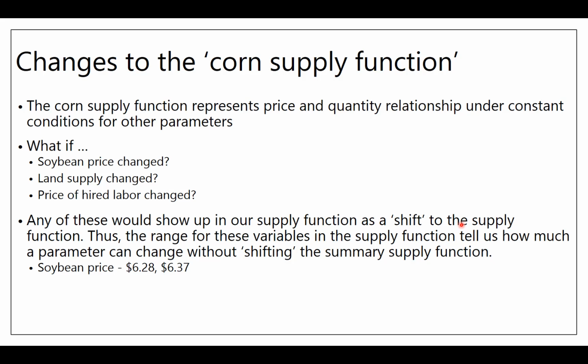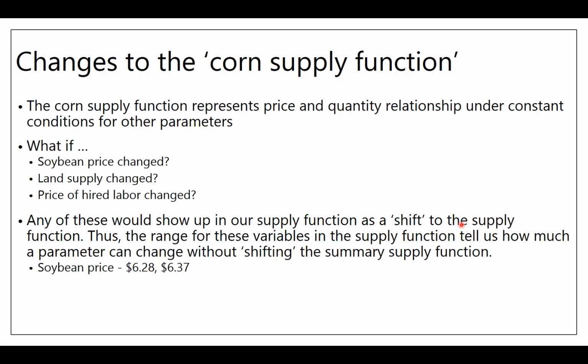That price-quantity relationship that figure 4.1 is showing is an all-else constant, a ceteris paribus assumption for the supply function. Just like if we were doing statistical analysis, you would set the soybean price, the land allotment, all of these things at their base values, or at their average historical values.